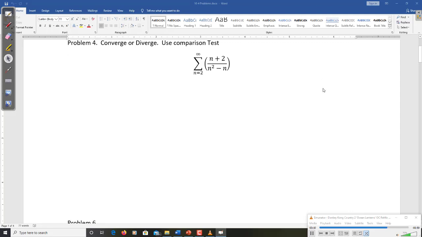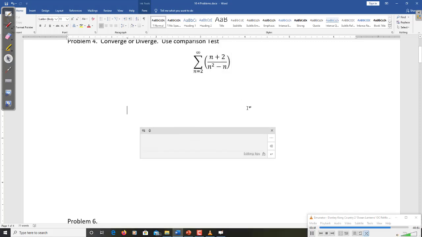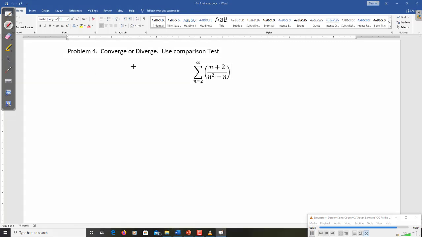So let's start off with this one. This is a pretty classic case of we have a rational expression in our series here. And with rational expressions, it's usually a good idea to think of them as p-series. So, for example, this is going to behave very similarly to 1 over n.